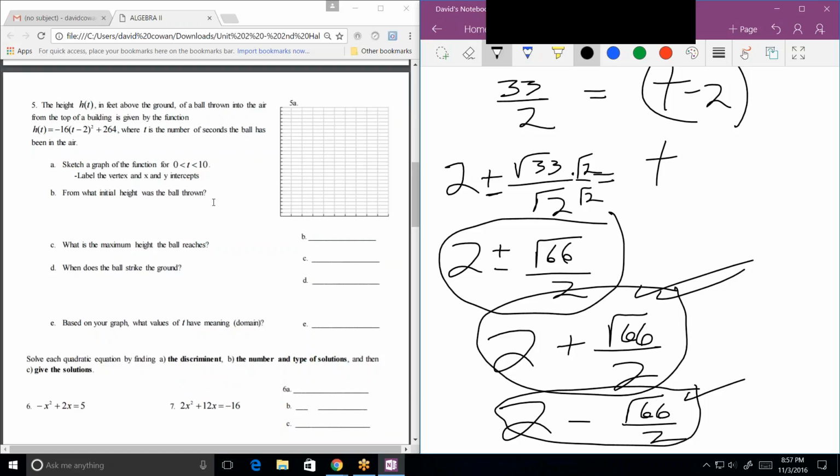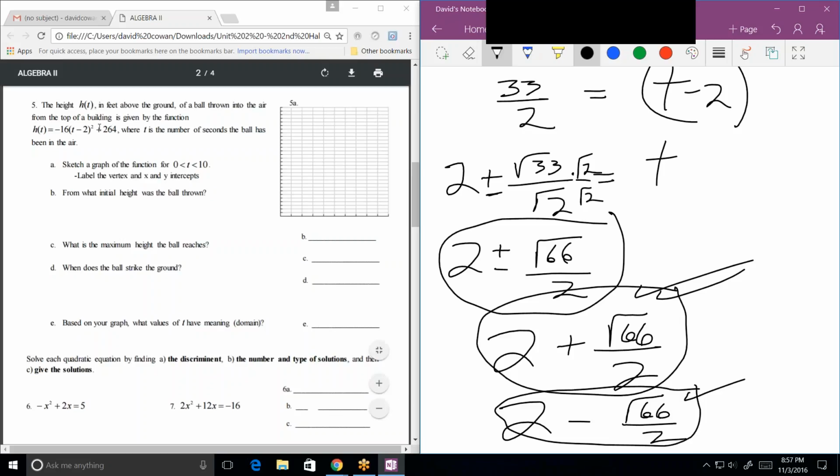So the ball was thrown from a height of 200, and it was thrown up, such that its peak was 264. In other words, it went from 200 feet up in the air to a height of 264 feet, and then turned around and started falling down. And we know 264 is its ultimate height because that's the y coordinate for the vertex.